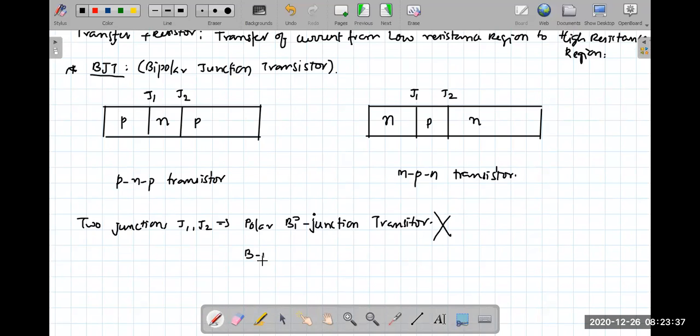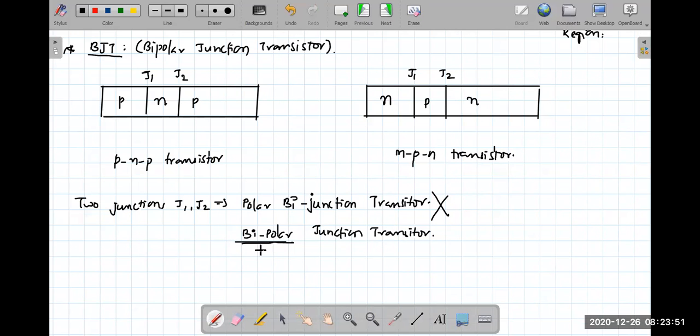They said bipolar junction transistor. Now, polar means what? Charges. Bipolar means two charges, two types of charges take part in conduction.